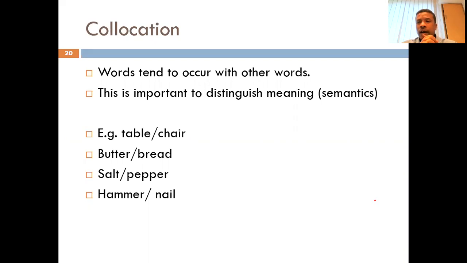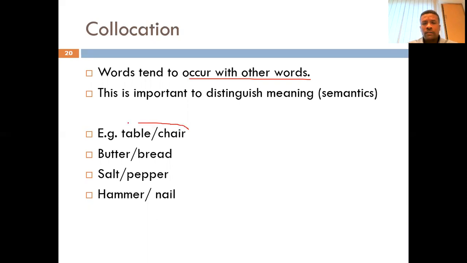To really identify that, looking into the words that are found near that word or within the sentence are going to be very important. So words tend to occur with other words. They don't simply occur in a sentence. They have some preference. So this is going to be very important for distinguishing one over the other.